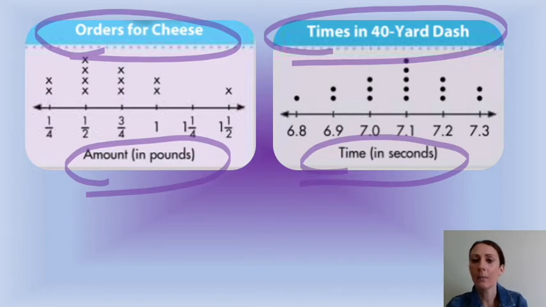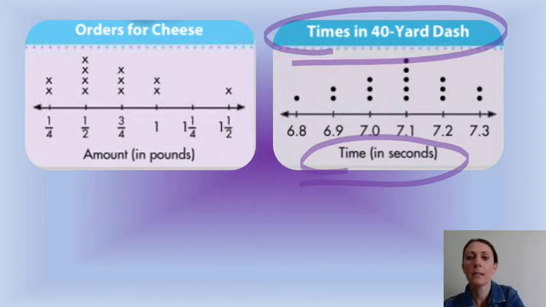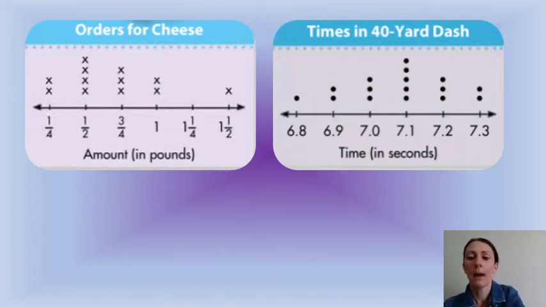And in the second line plot, the time is in seconds. That means that all of the times recorded for the 40-yard dash are in seconds. It's not minutes. It's not hours. It's seconds.